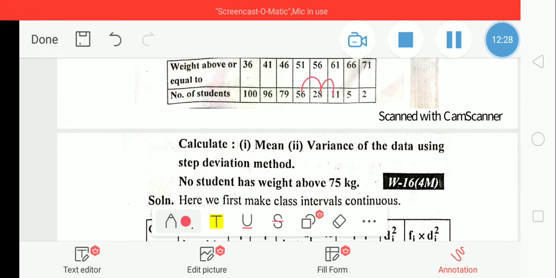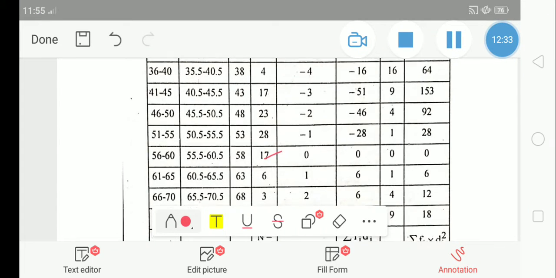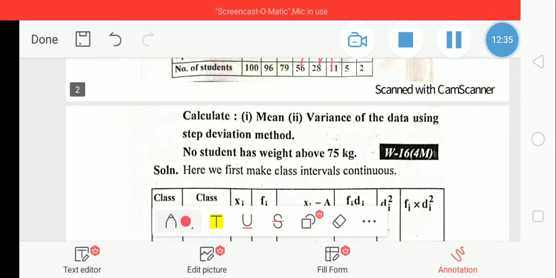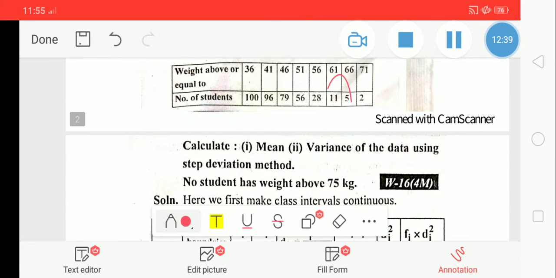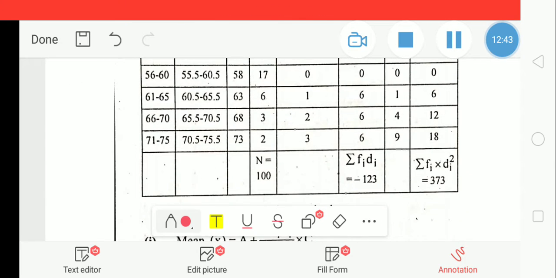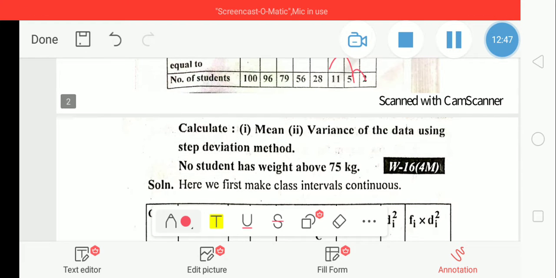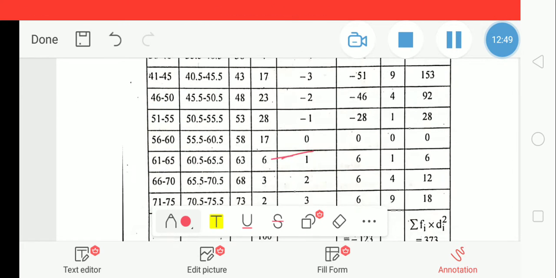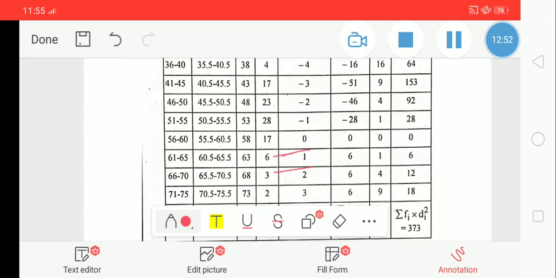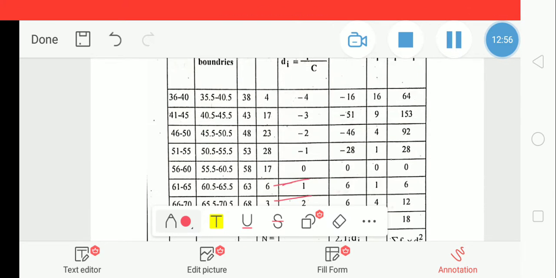And 28 minus 11, that gives 17. Then 11 minus 5, that gives 6. Then 5 minus 2, so that gives 3. And 2 minus 0, here no value, so 2 minus 0, that is 2.